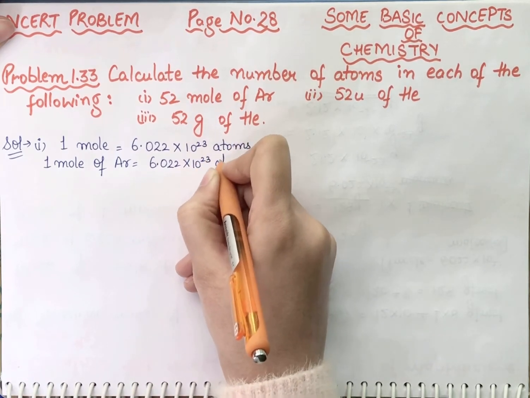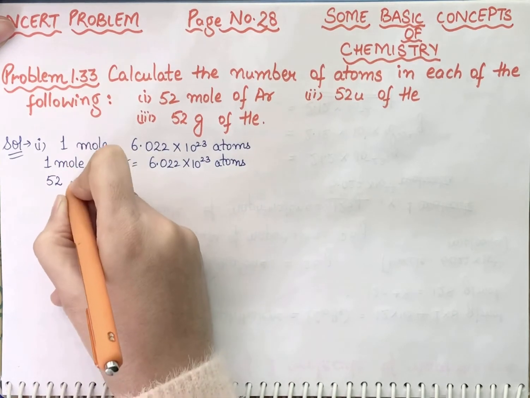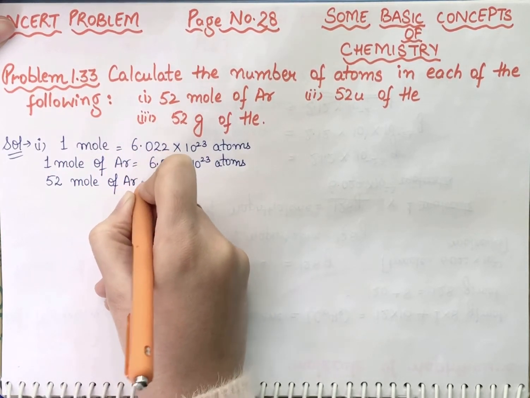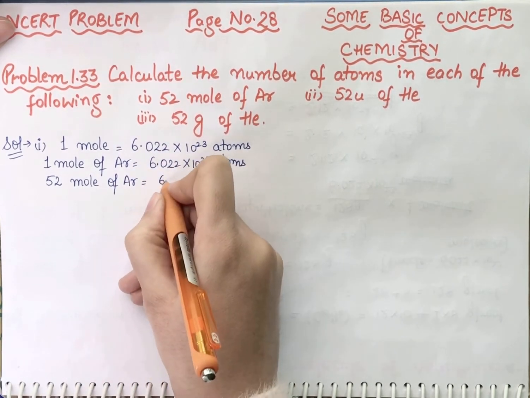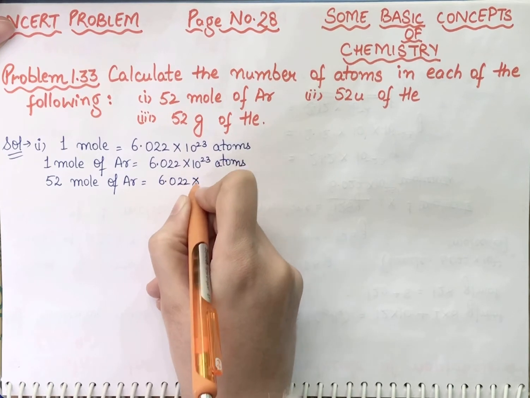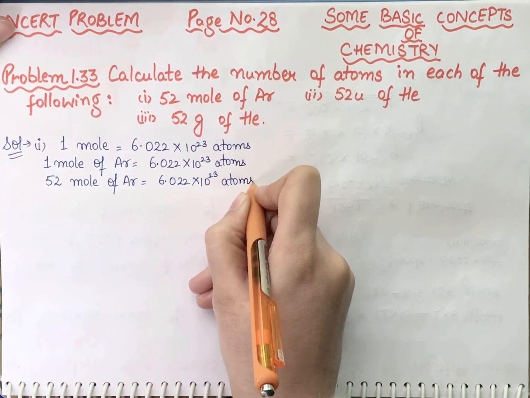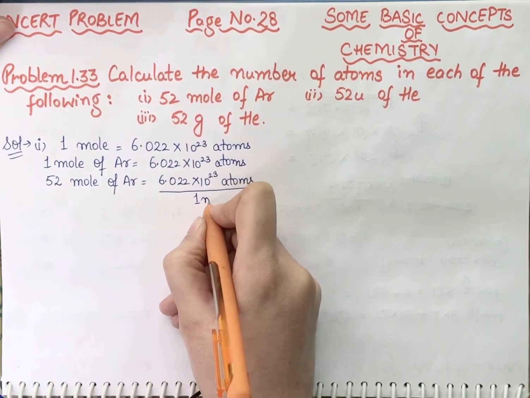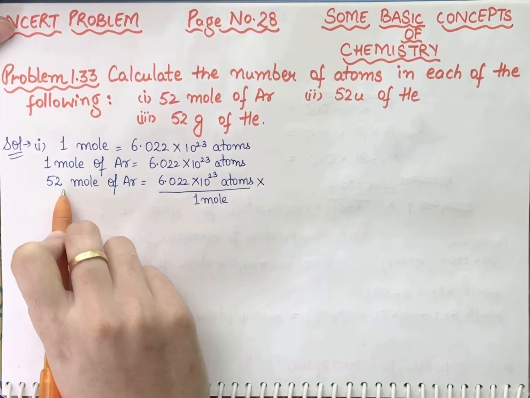So 52 mole of argon will have, I'll simply write this value in numerator, 6.022 into 10 raised to power 23 atoms divided by the value on the left side, 1 mole, multiply with the second value present on the left side.